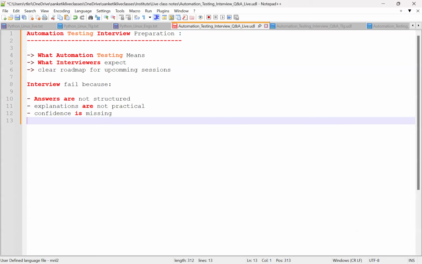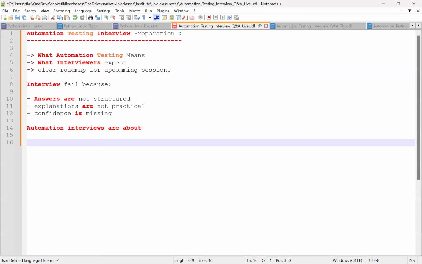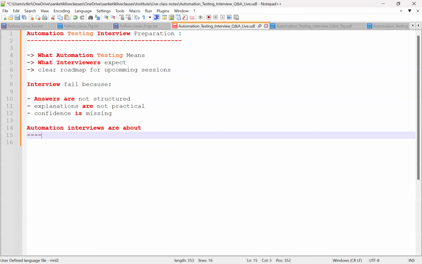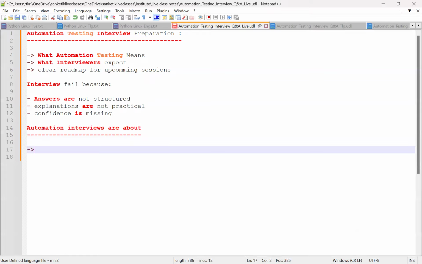Okay, but then what do interviewers expect from automation interviews? This is also an important thing. First thing is thinking.